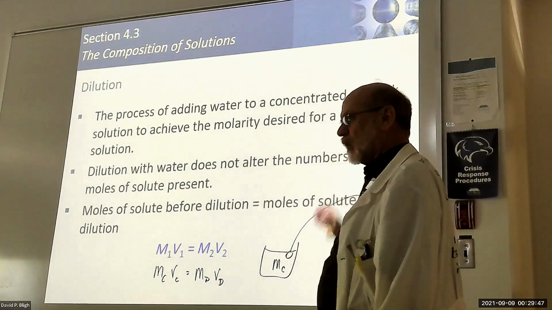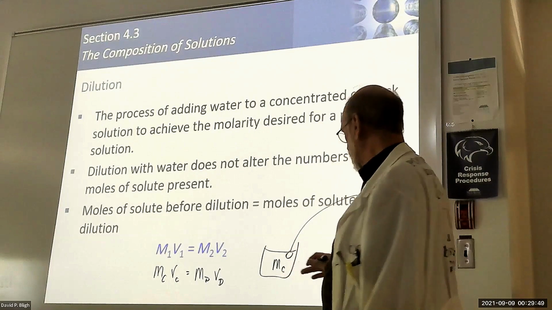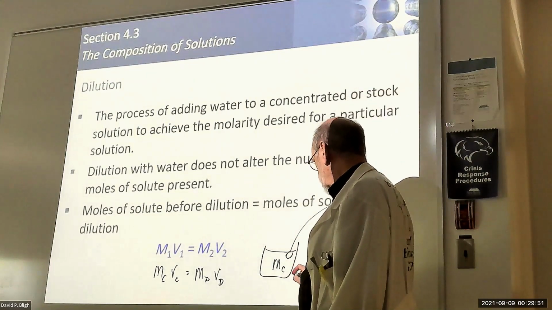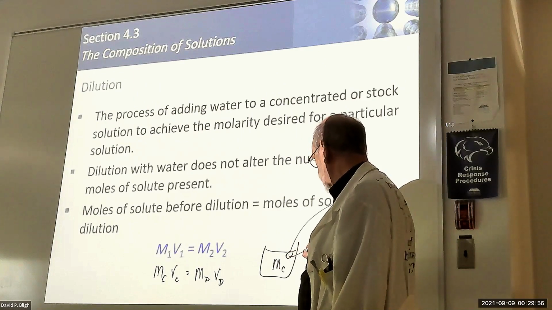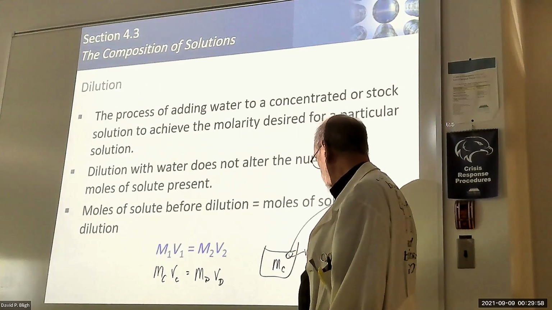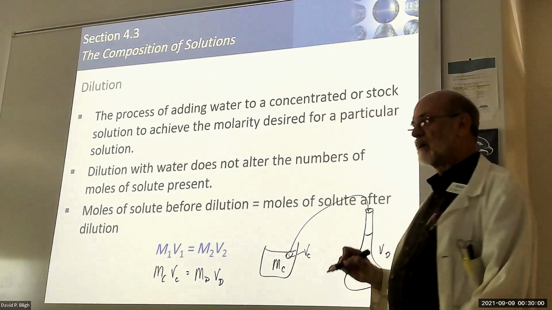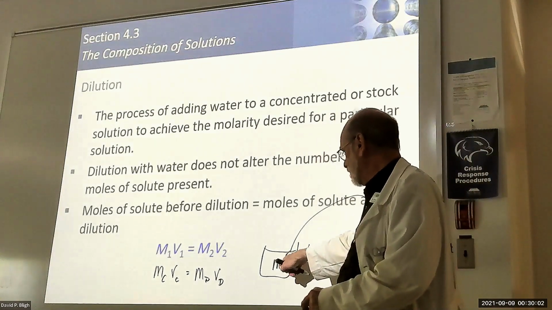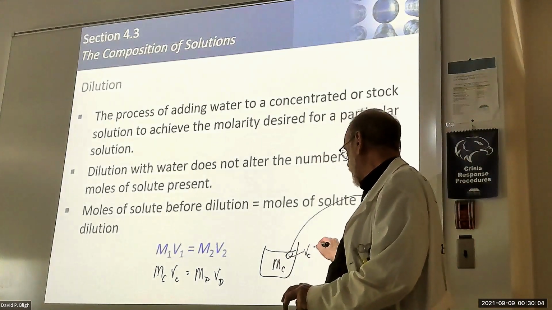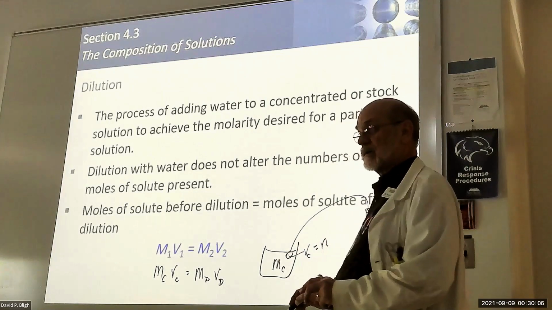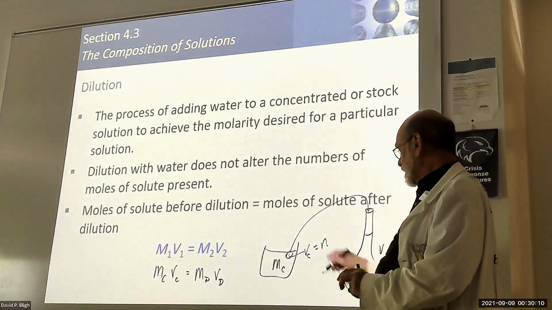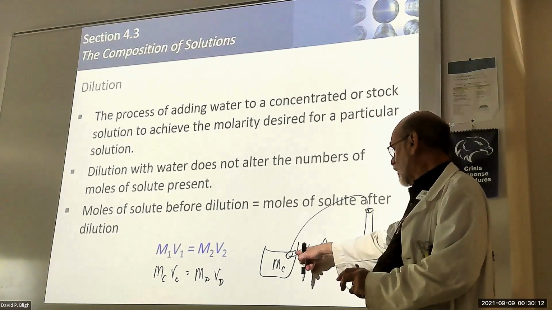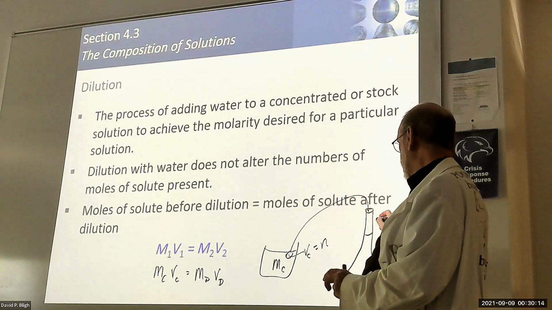What changes and what stays the same? Well, we started here with this concentration, and now this concentration, this volume of the concentrate, we can determine molarity times volume equals what? Number of moles, correct? Okay. So what stays the same? Number of moles. The number of moles here is the same number of moles here.